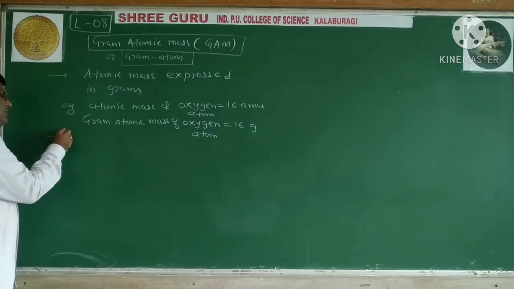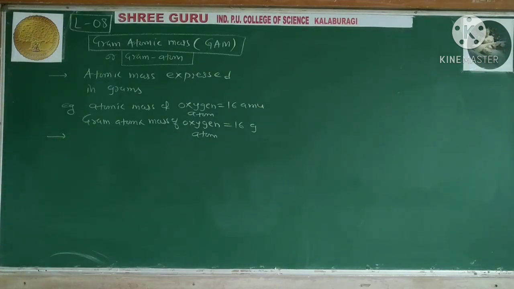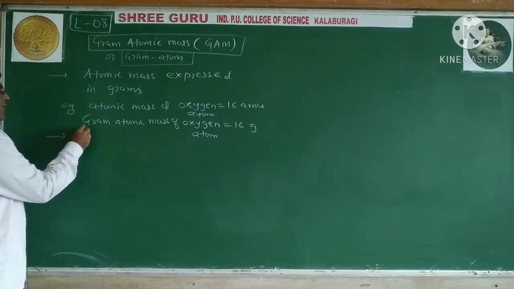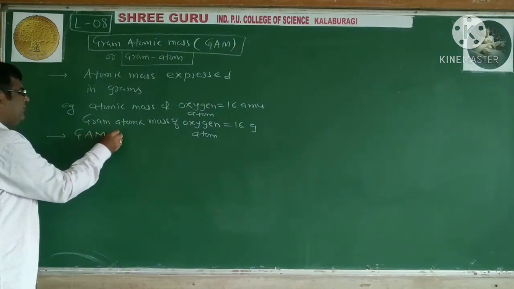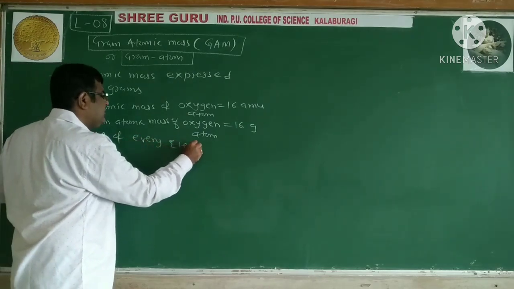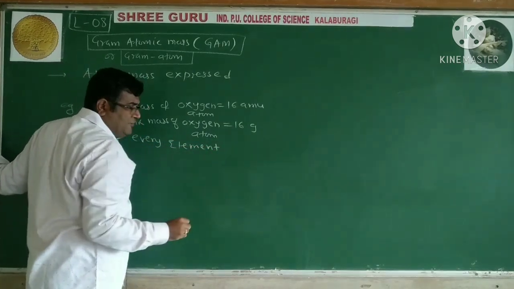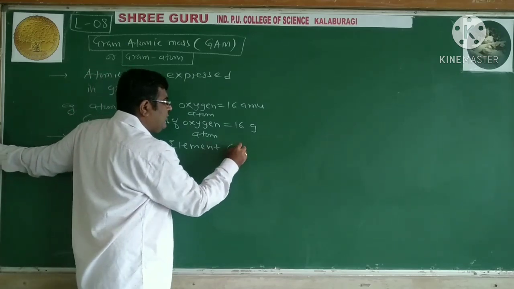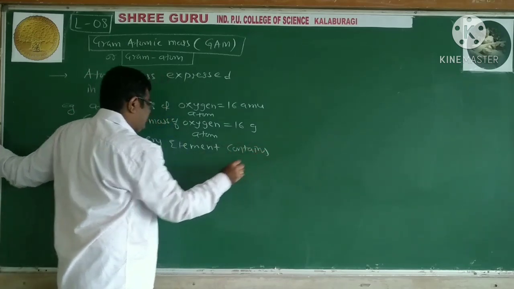Now why is this concept important? We can say as the next point that the gram atomic mass, GAM for short, of every element contains the same number of atoms. See this very important statement.